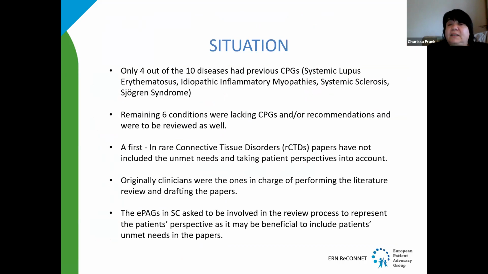The other 6 conditions did not have any existing CPGs or recommendations. So each of these working groups, the clinicians and the ePAGs, had to review these as well, look in publications, see if there was anything available, and make recommendations.